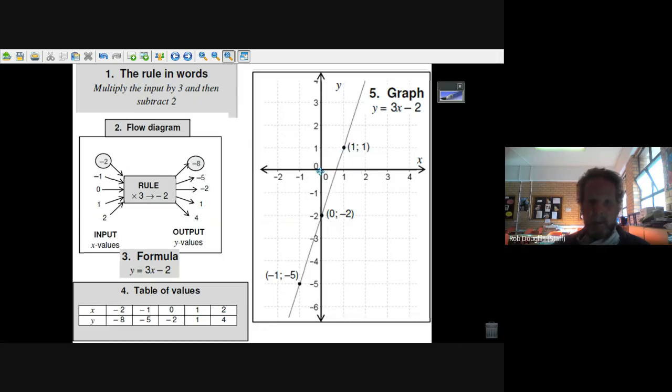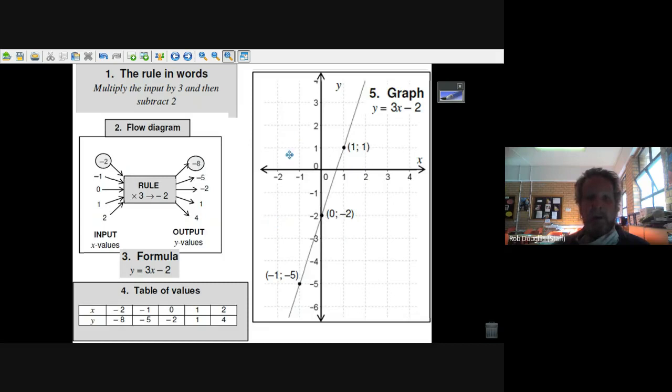And then 0 and minus 2 is 0 in the x direction, minus 2 in the y direction. And this last one, minus 1 and minus 5, minus 1 and 5 down is right there. If you connect any two of the points and then keep the line going, you end up with a graph of the line. This was a big deal.